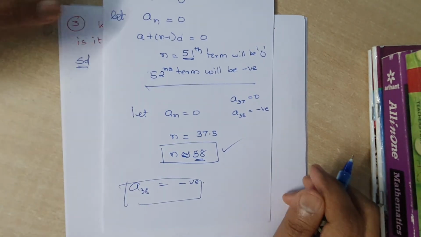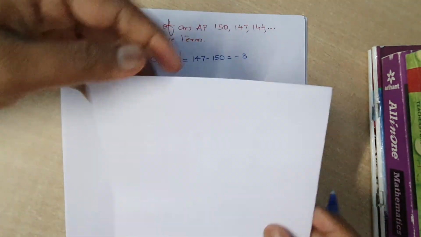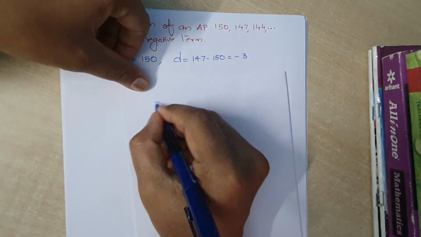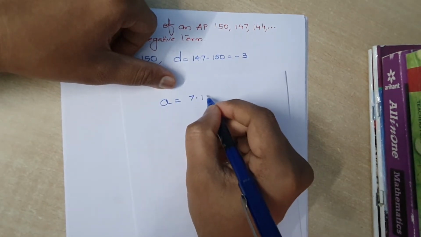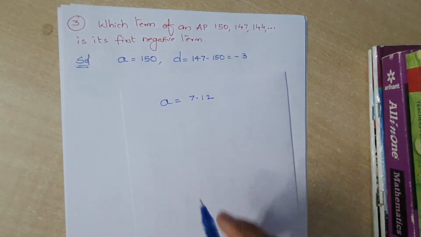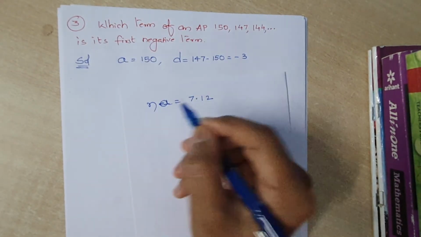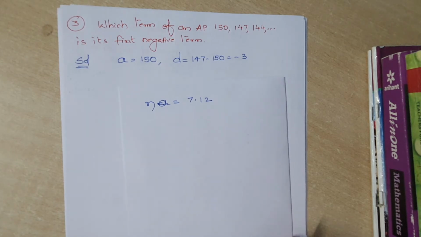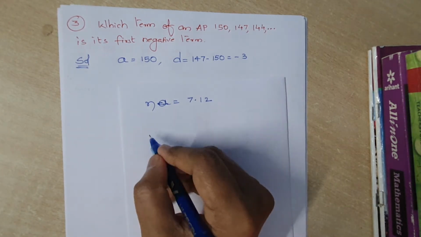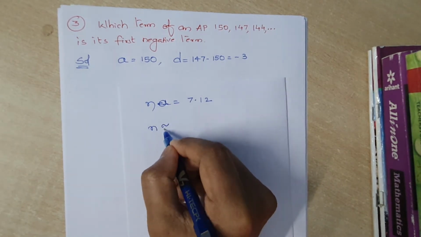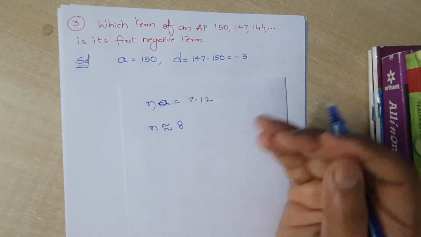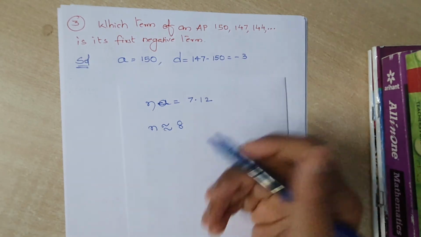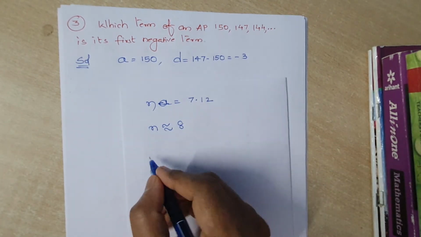We will do such an example, but anyway we will discuss one more. This one, if n is equal to 7.12, അപ്പം what we say? n is approximately equal to 8. അപ്പം ഏത് നമ്പറാണോ അതിൻ്റെ പോയിന്റ് വന്നു കഴിഞ്ഞാൽ അതിൻ്റെ അടുത്ത നമ്പർ എടുക്കണം. അപ്പോൾ n is approximately equal to 8. എന്നിട്ട് നമ്മൾ എന്താ പറയും?